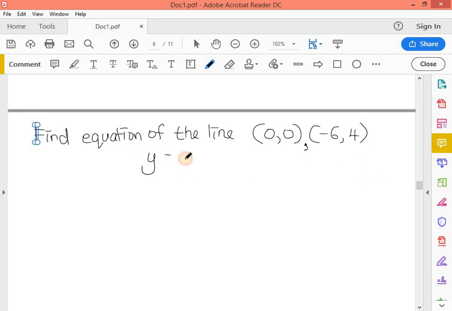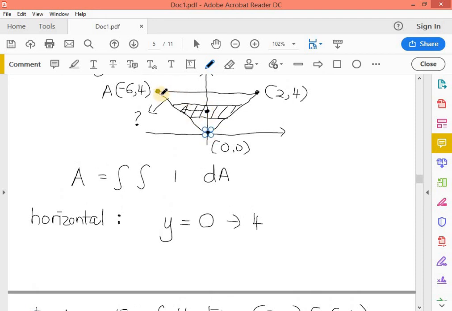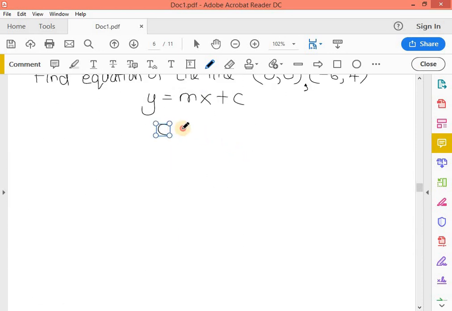y equals mx plus c, right? So what is your c? 0. The intersection point on axis y is 0, so your c is 0. How about your m? Negative.